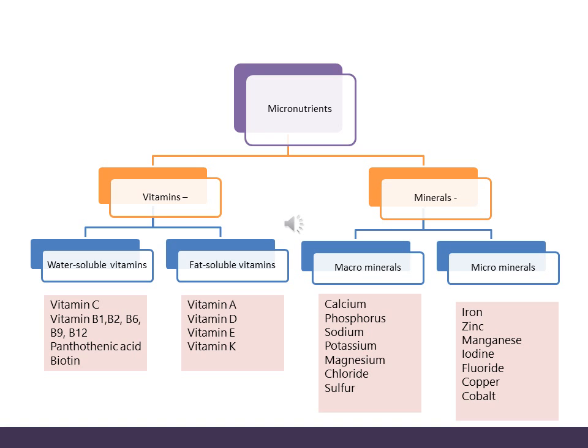Calcium is a mineral and is also very important in order to improve the integrity of our bones. What else? Chloride is also very important for our bones. Now, these are micronutrients. A small amount is required by our bodies, and most of these vitamins and minerals are sourced from the food that we eat.